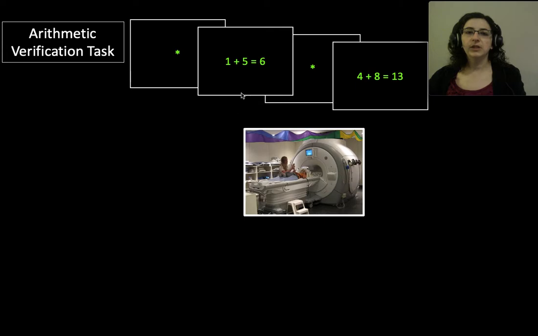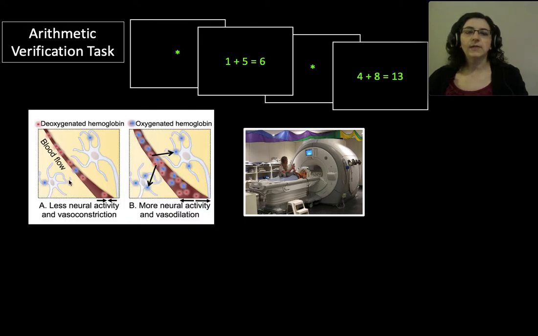So instead, we just give them problems and ask them to say, is this a correct problem or an incorrect problem? And you'll also see that we can compare easy problems where we're just adding one to slightly harder problems where you might have to do a carry operation. And while they're doing these problems, we're measuring these brain signals and we're following where blood is flowing in the brain.